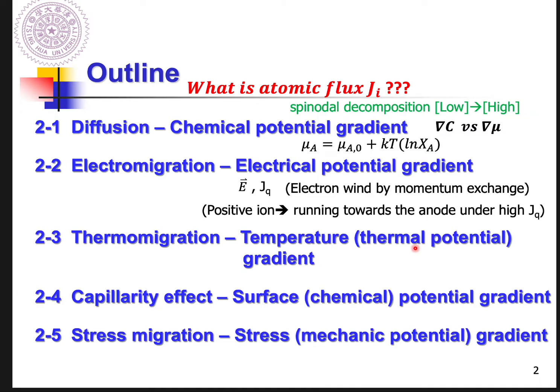As long as this heat flux is large enough, it will probably also affect the atomic flux, because as we know, there is a coupling coefficient, right, between the thermal driving force and the chemical potential gradient.